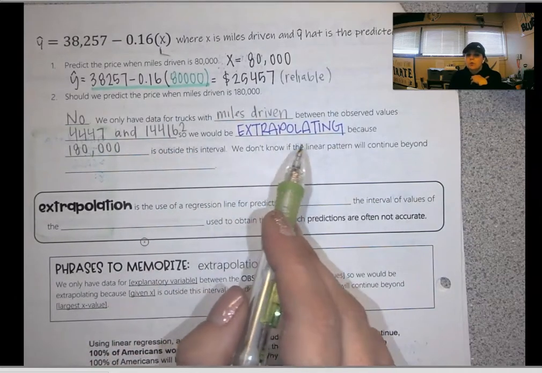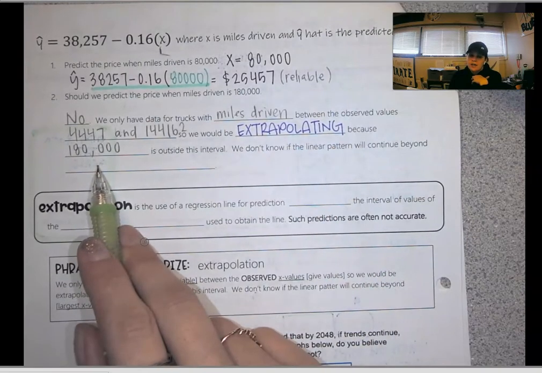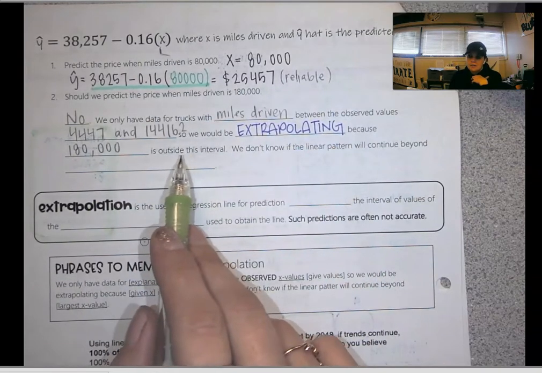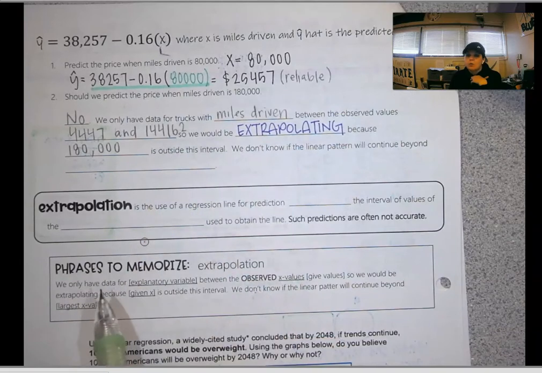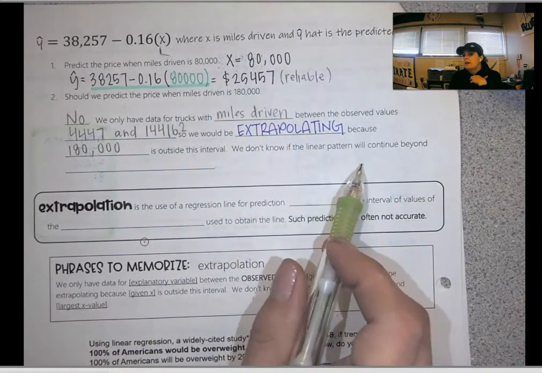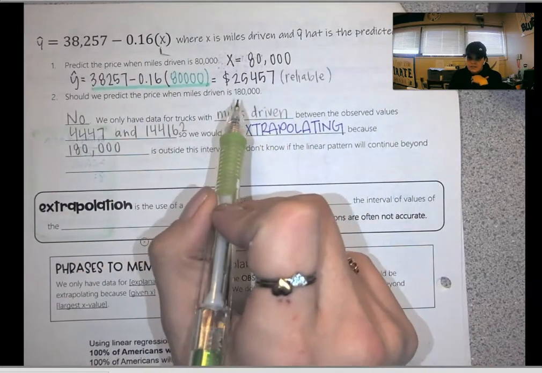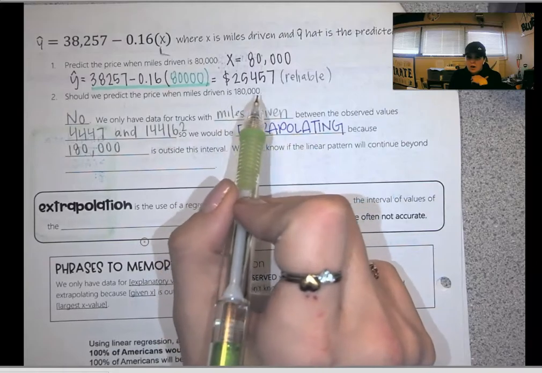So we would be extrapolating because 180,000 is outside of the interval that I actually have data for. We don't know if the linear pattern will continue beyond, so they're giving us a value that is too high.